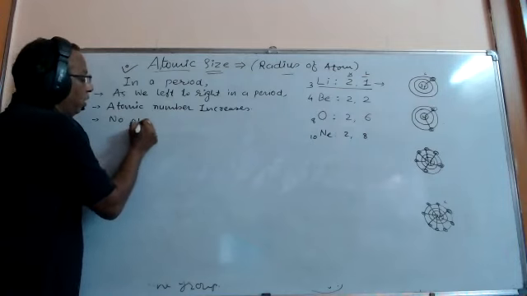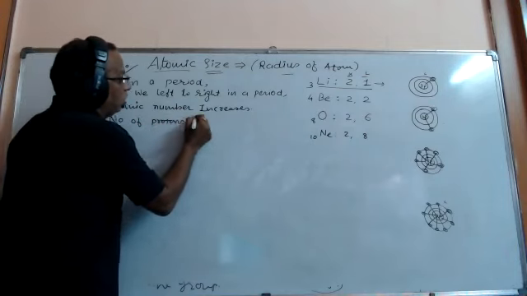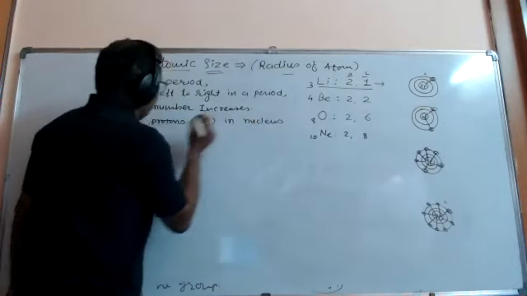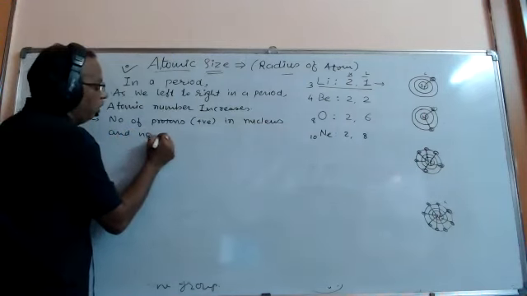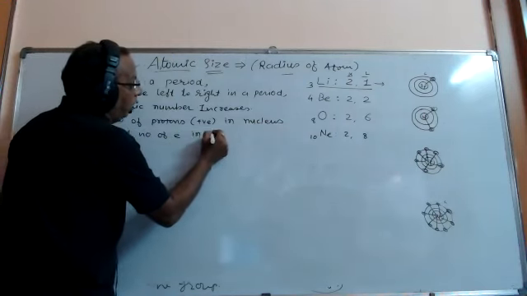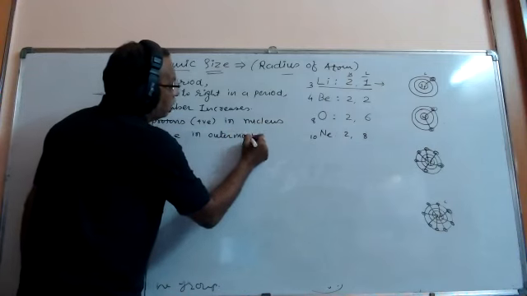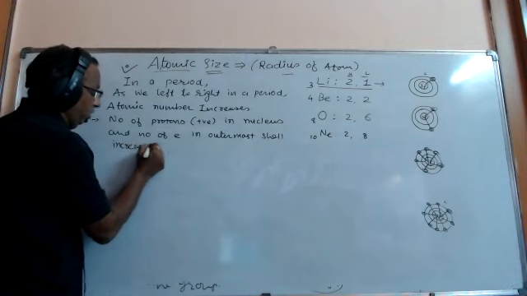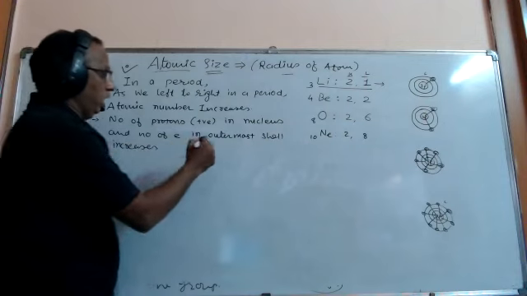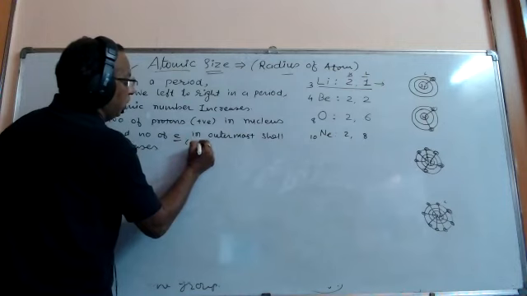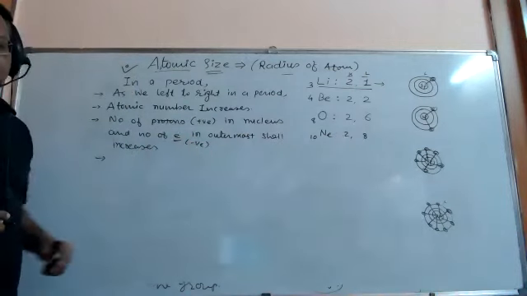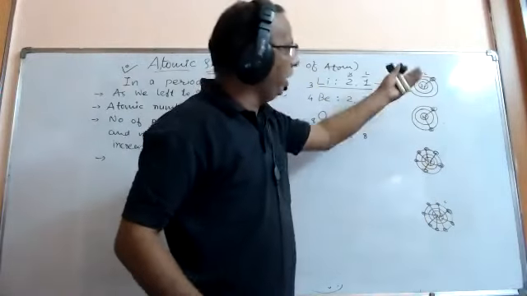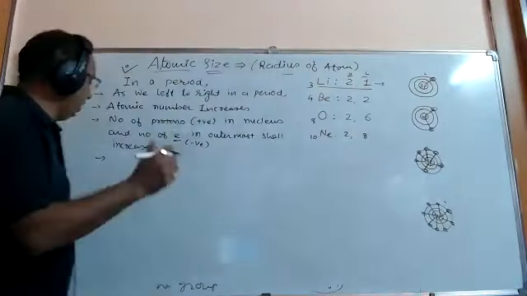So the number of protons, that is the positive charge in the nucleus, and the number of electrons in the outermost cell increases. So positive and negative charge: the number of electrons is the negative charge, and the number of protons is the positive charge. So positive charge 3, 4, 8, 10, and electrons in the outermost cell have increased.